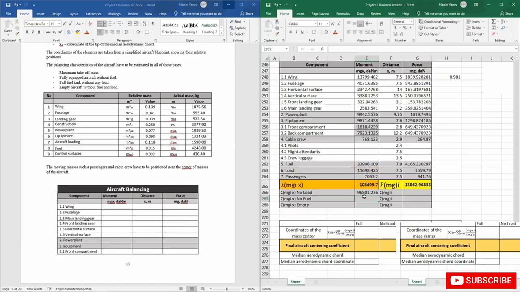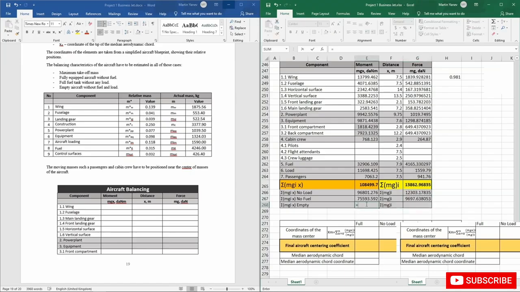So we're getting 96,000 for the moment in daN·m, okay? And for the force, I'm going to deduct it here as well, we're going to get 12,303. Then with no fuel, we simply deduct the force produced by the fuel, okay?